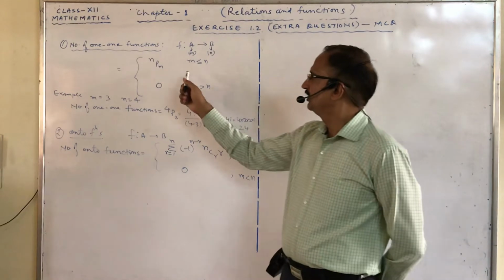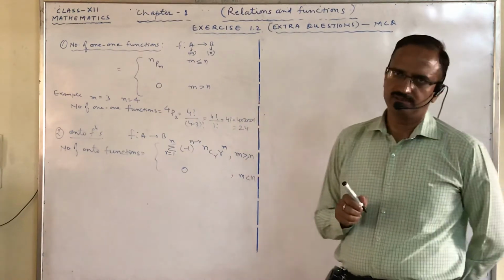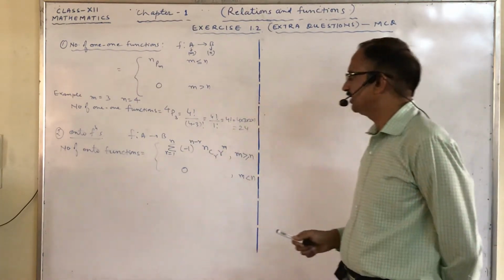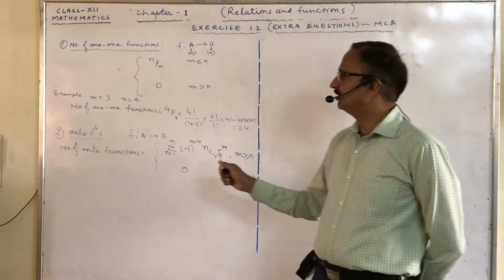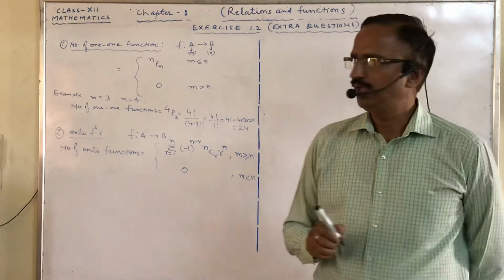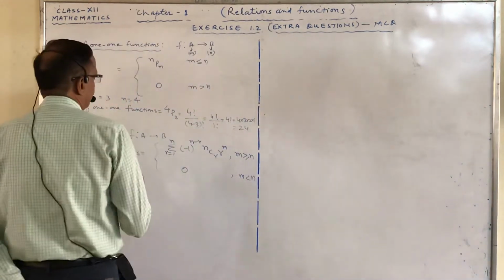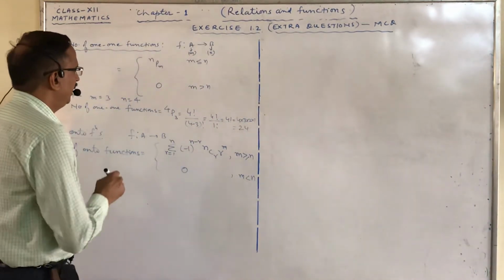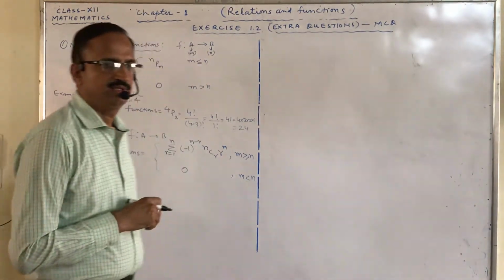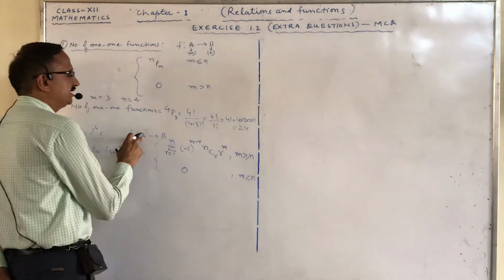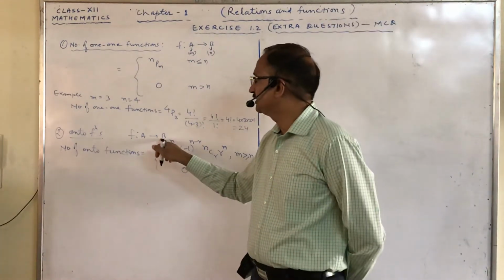In the first case, when m is less than or equal to n, then the number of one-one functions is possible. In case of onto functions, when m is greater than or equal to n, then only the number of onto functions is possible. Otherwise, it is 0. So the first set has m elements and the second has n elements, so clearly the first set must consist of more elements than the second one.